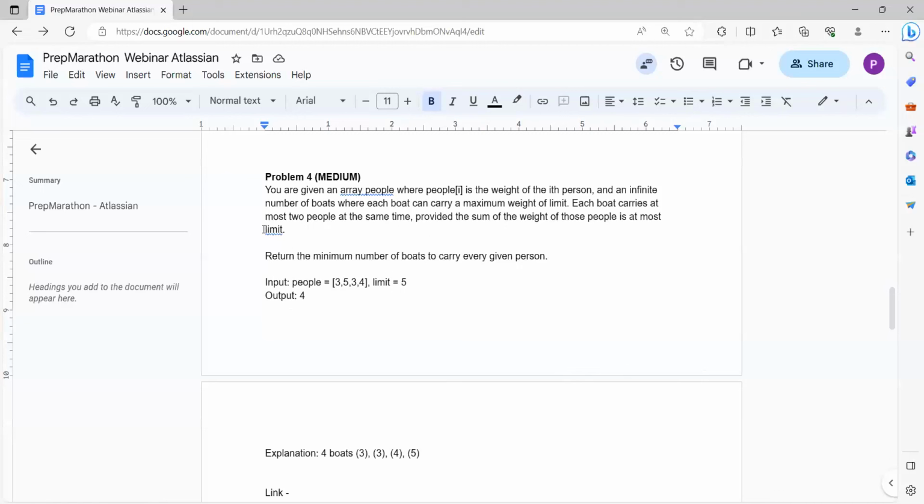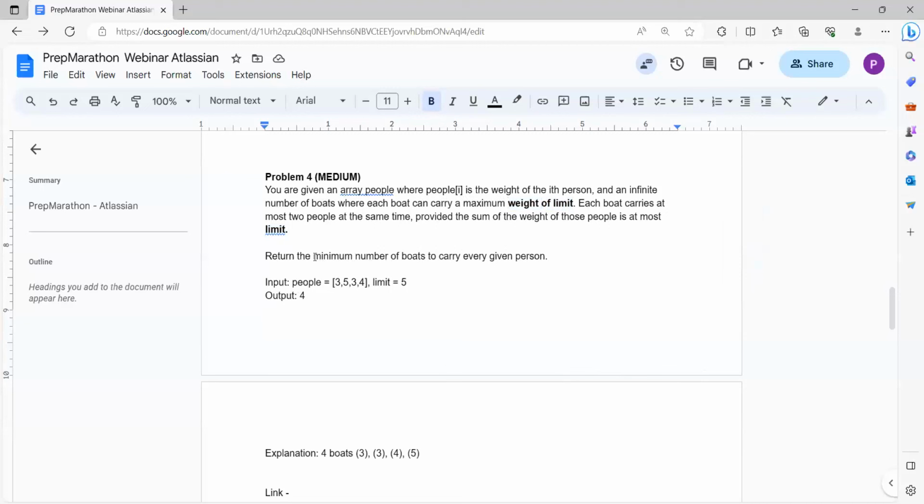So let me bold it. So there is a limit, or you can say the capacity of the boat. It can carry only that much weight. If the weight of the people crosses this limit, it will sink. You can think like that.